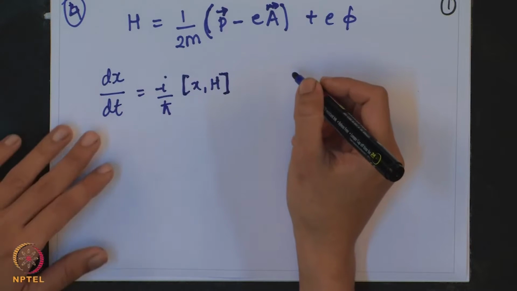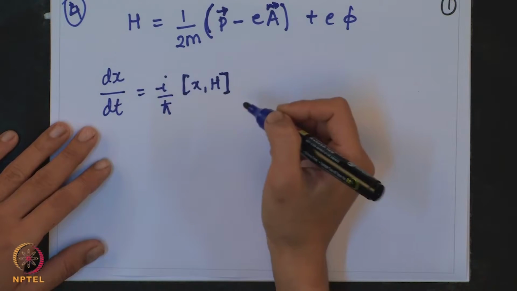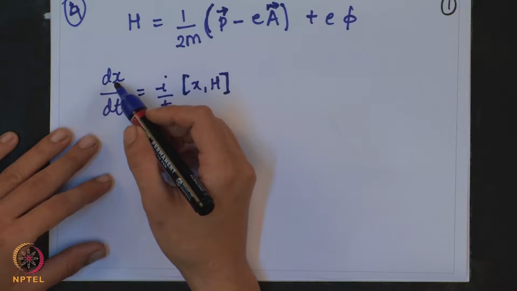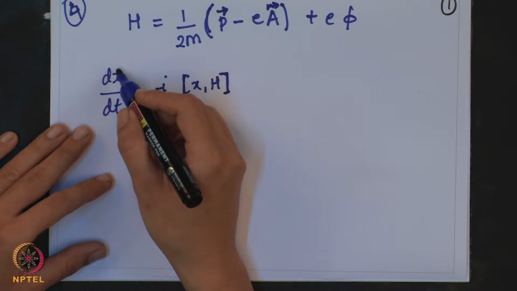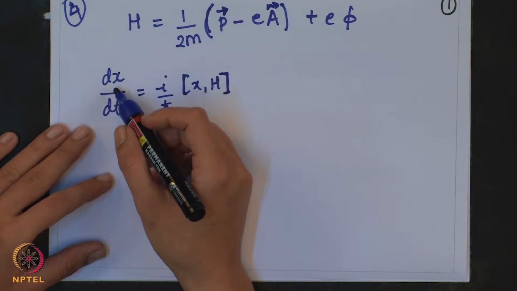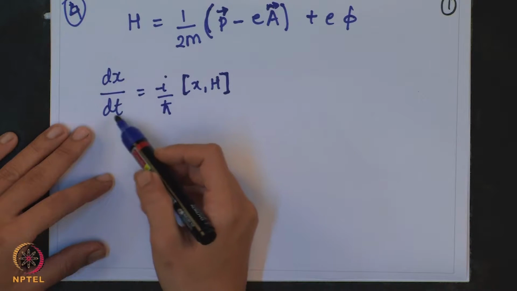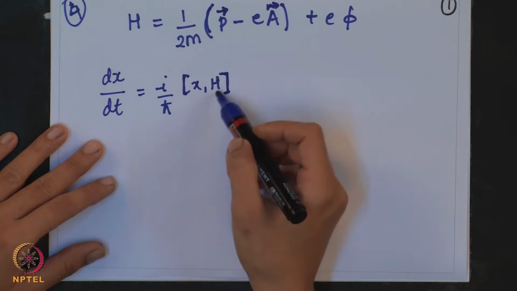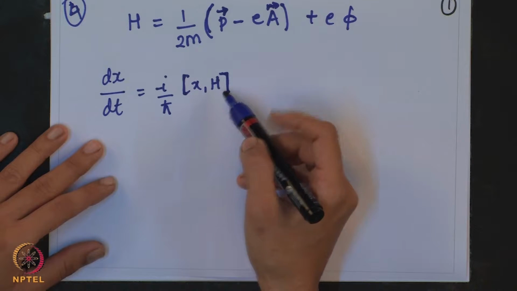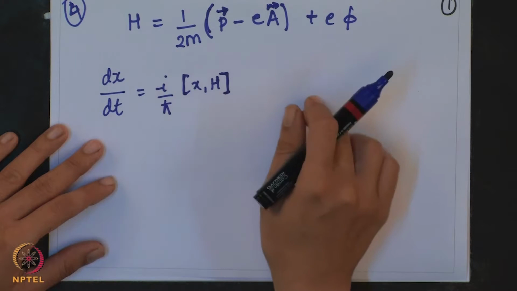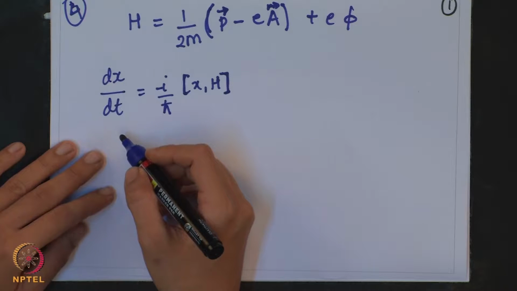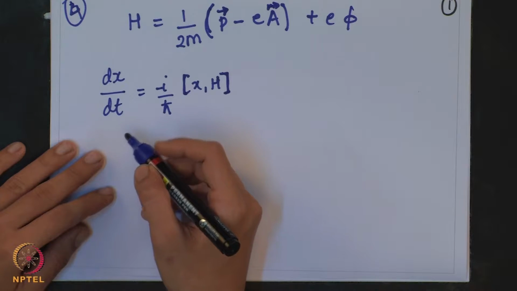This is the Ehrenfest theorem which you are going to write for x, the position operator, which has no explicit time dependence. So we just have dx by dt is equal to minus i upon h cross, the commutator of x with the Hamiltonian. We will not have the second term in this because x does not explicitly depend on time.